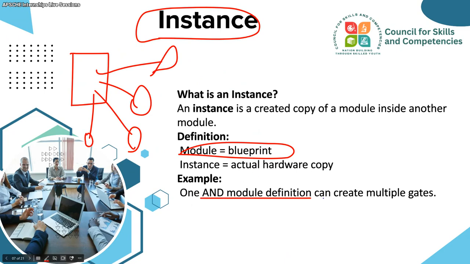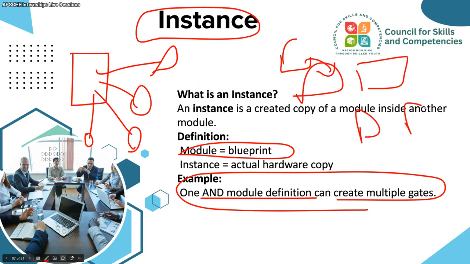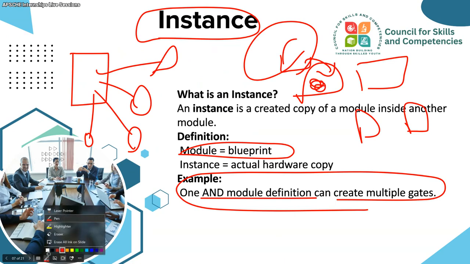So one AND module definition can create multiple gates. By using one multiplexer, you can create multiple instances. That is the idea of the instance.